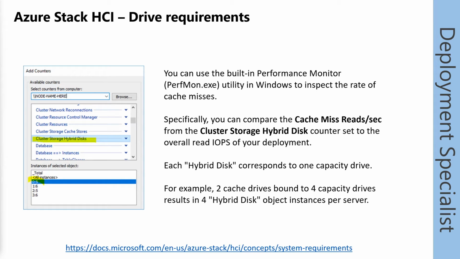In this configuration, we have 4 capacity drives, and we have 2 cache drives. We have the cache drive 5 and 5, and the cache drive 6 and 6, and the capacity drives 0, 1, 2, and 3, and these are combined to these hybrid drives.